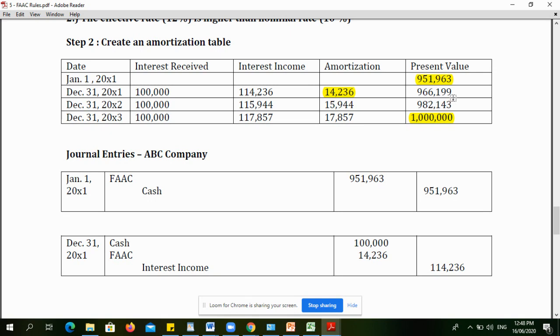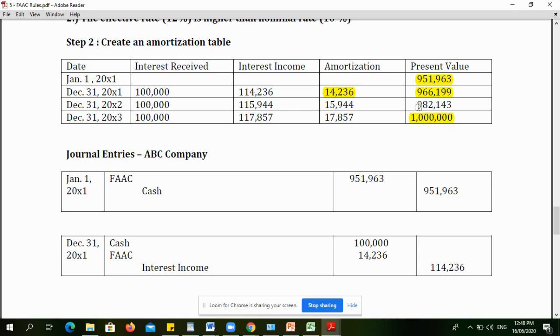Okay, 966,199. We will multiply this again by 12% to find 115,944. The amortization is again the difference between interest received and interest income, which is 15,944.